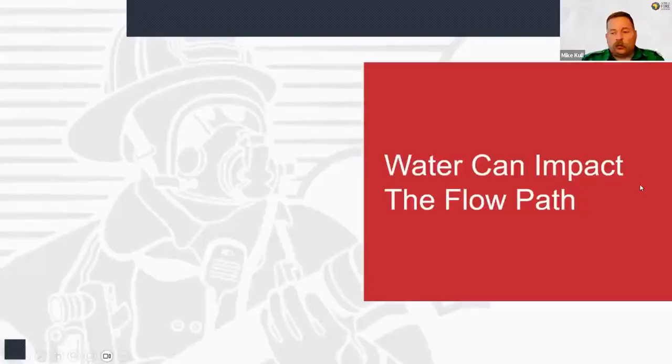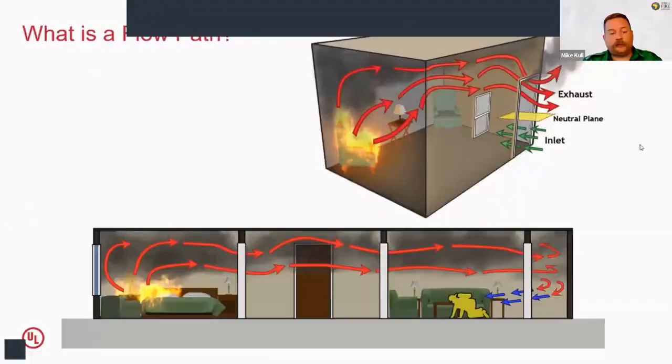Water can impact the flow path. Now, what is a flow path? We touched on this a little bit in the last two weeks, but that fire needs to flow.